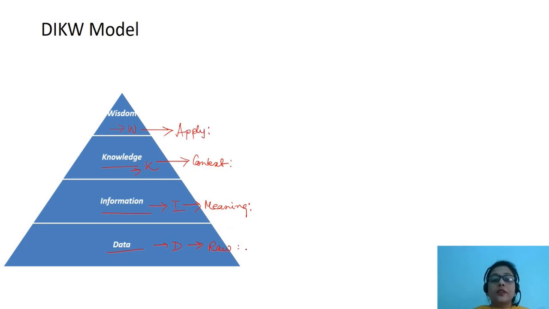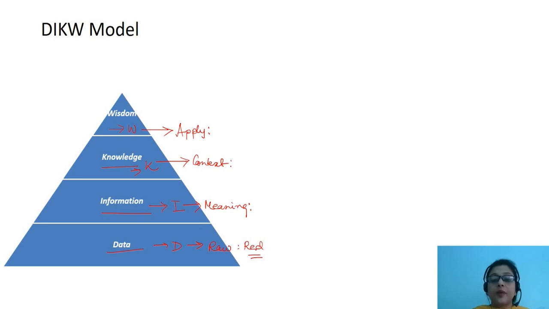Let us understand it with an example. For example, let's say we are writing the word red. So this is the data that we are getting. It is giving us no information at all, because red can be anything.